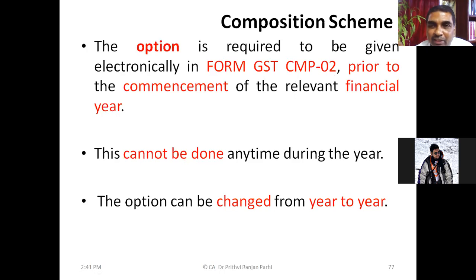Unless that kind of notification is there, it has to be exercised before commencement of the financial year. The option can be changed from year to year. It doesn't mean that once you have exercised the option for composition scheme, next year also you have to follow that scheme. Next year you can come to the regular scheme, and next year you can again come to the composition scheme. That is also possible. But if you are opting for composition scheme, you have to exercise this option before commencement of the financial year.